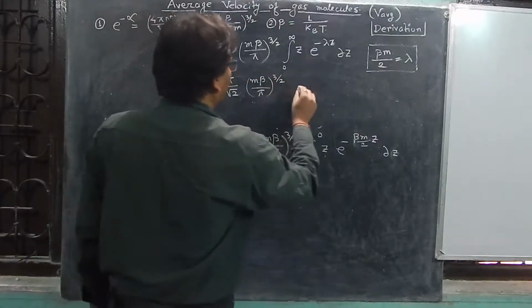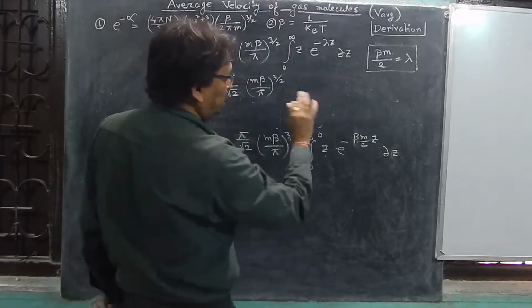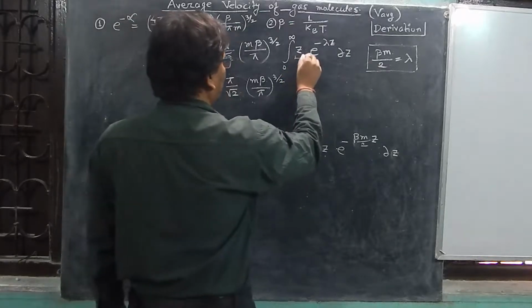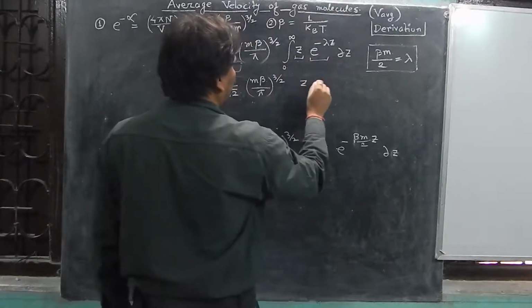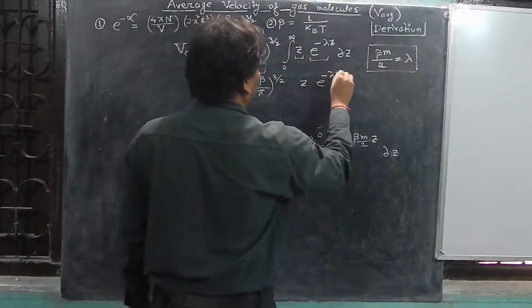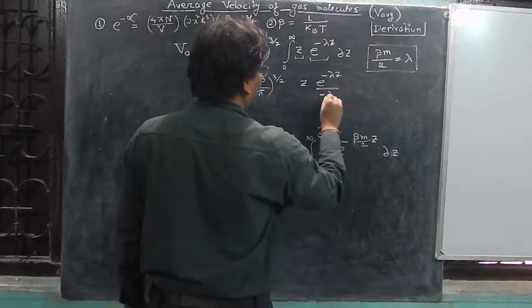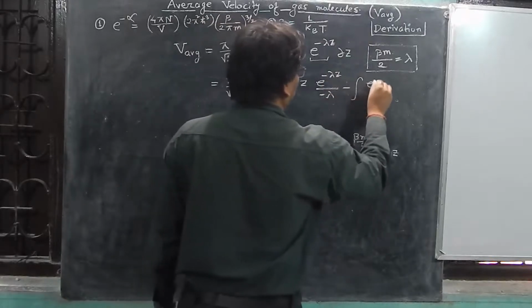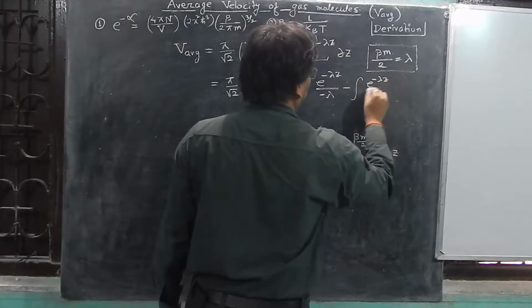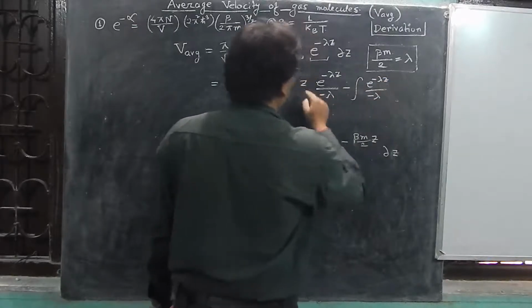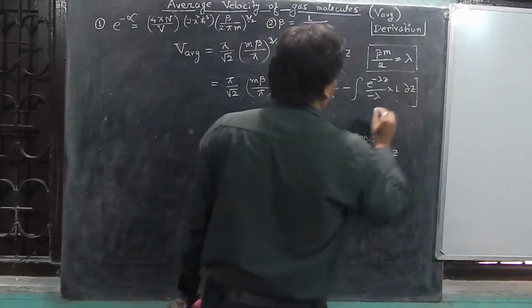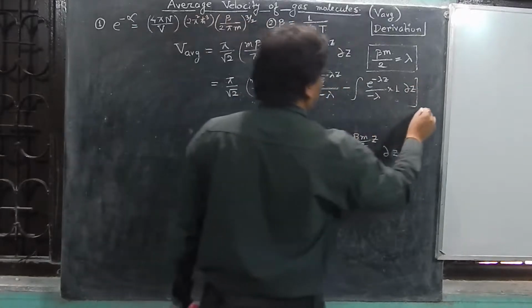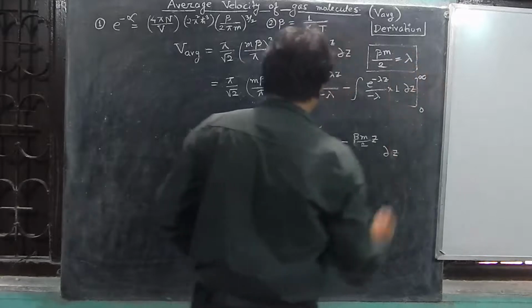Now the integration of this can be done by integration by parts. Let us take this as the first term and this as the second term. So this will be z e to the power minus lambda z by minus lambda, minus the integration of e to the power minus lambda z by minus lambda, and the differentiation of z is 1 del z, from 0 to infinity.